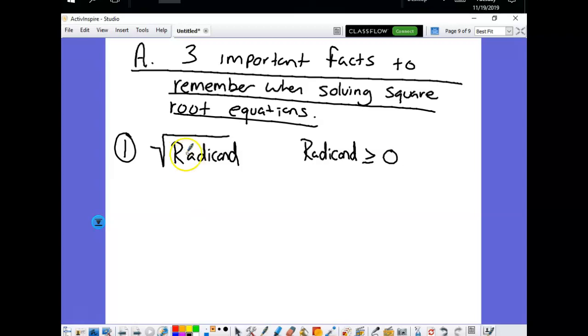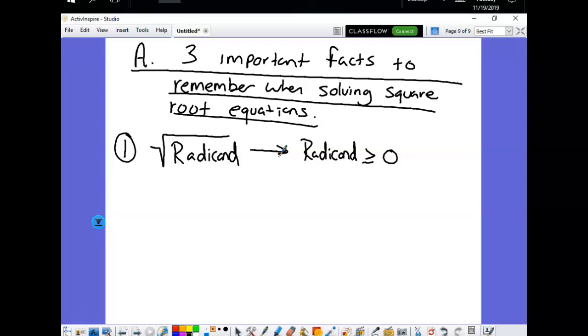Because if you have a number underneath that's negative, what happens to it? It becomes imaginary. And if we want a real answer, which is what we're going for today, the radicand needs to be greater than or equal to 0. So that's important fact number 1. Whatever's underneath the square root has to be greater than or equal to 0.